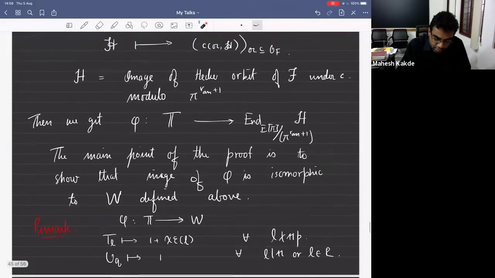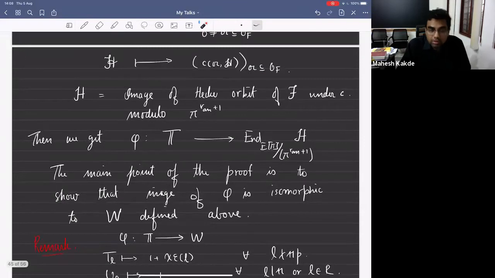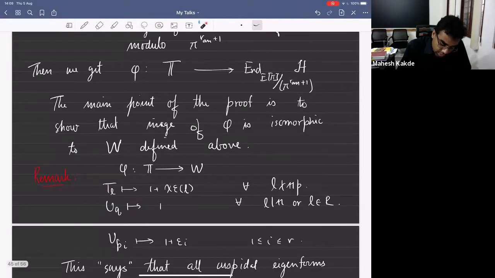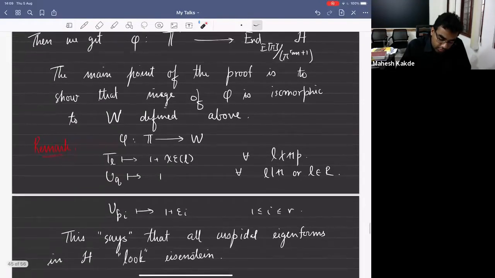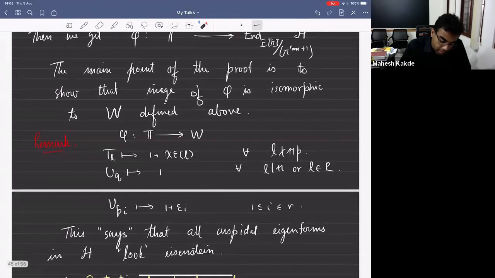I mean, there's no point in me going over the proof in detail here, because it's just verifying that all the relations are satisfied when I go from W to here and then to here, and then showing that it's all well defined. So this kind of thing, and then some dimension computation to show surjection. So it's all very explicit and computational. The proof, you have to do a lot of computations.